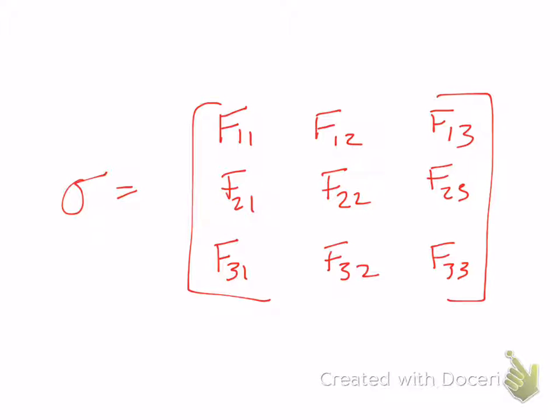So basically, these describe the different forces you can have on your box. And because each one has to have a magnitude and 2 directions, we can start to write it out this way.